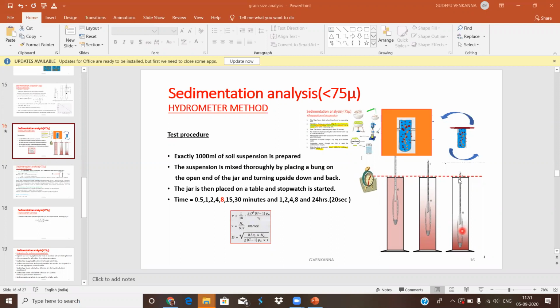Like this, we can obtain the hydrometer readings at all times, which we can later use to find the percentage finer.